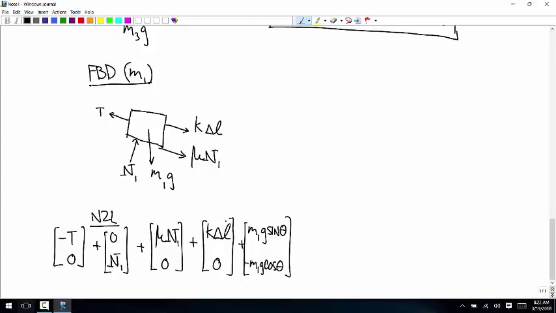So yes, you could do it as positive M1G cosine of 270 plus theta, positive M1G times sine of 270 plus theta. To get the 270 out, I just made a right triangle and did the trigonometry myself.